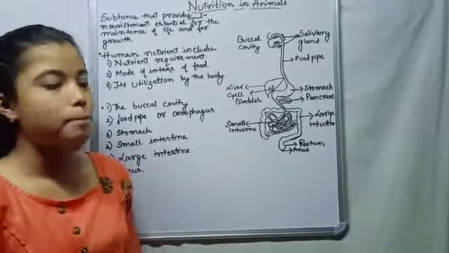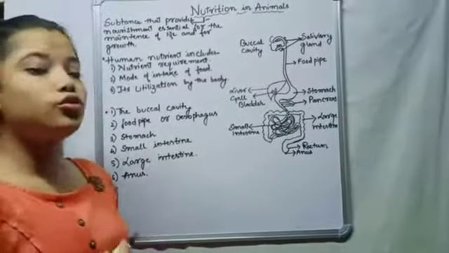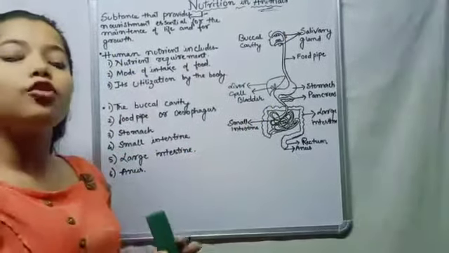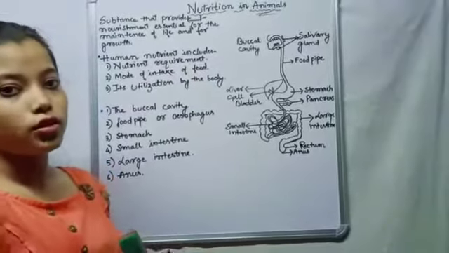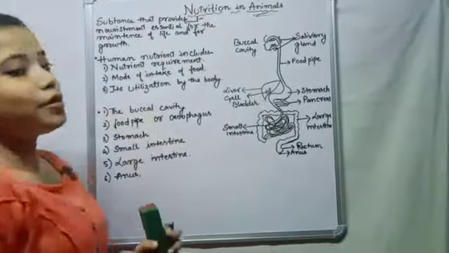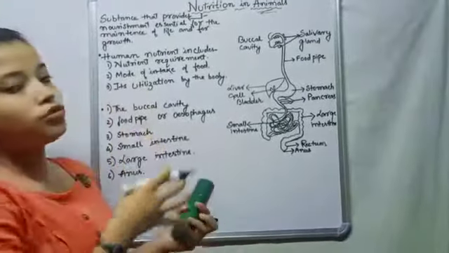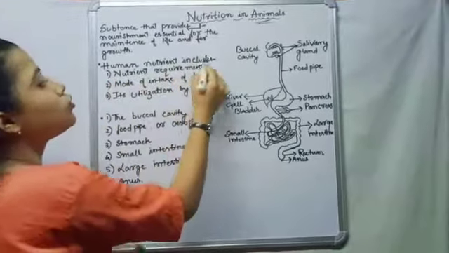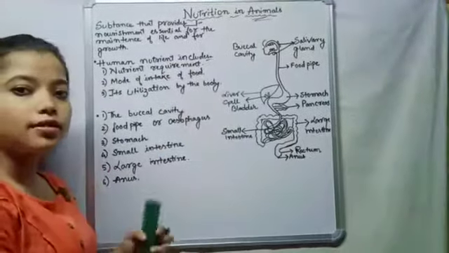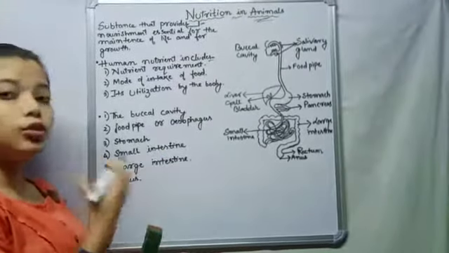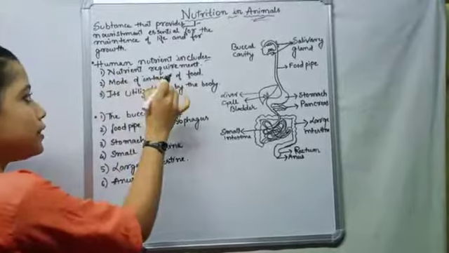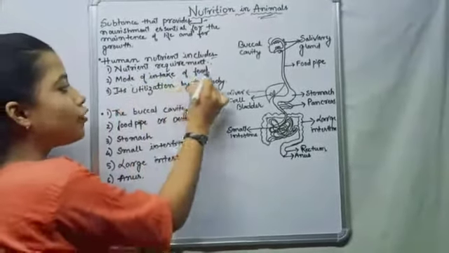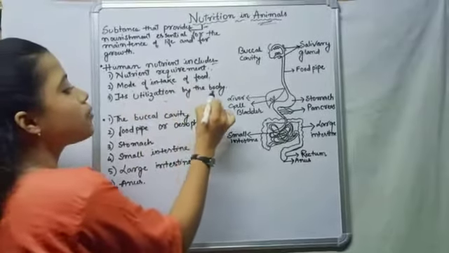Okay, since the topic is nutrients in animals, we are going to mainly focus on animal nutrients, or mainly human nutrients. Here I have noted a point on what human nutrition includes: nutrient requirement, mode of intake of food, and its utilization by the body.